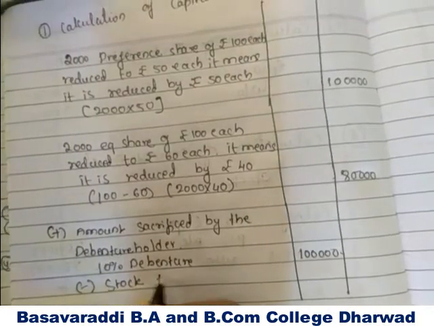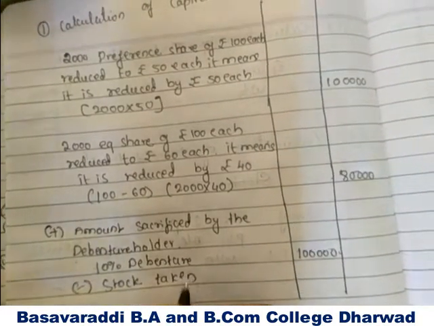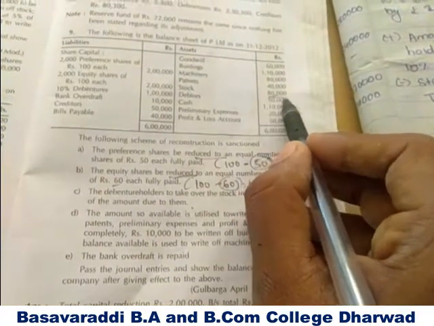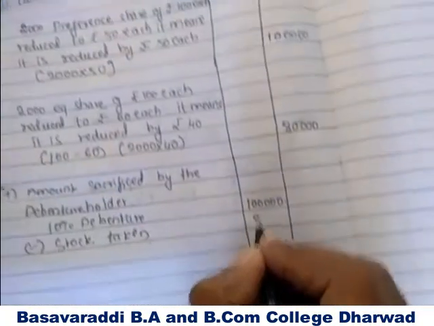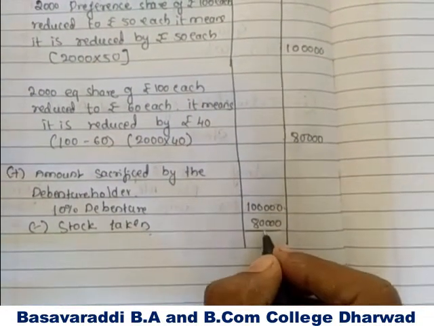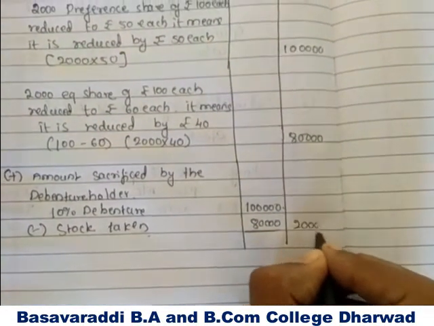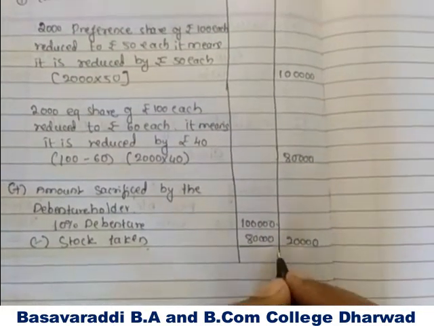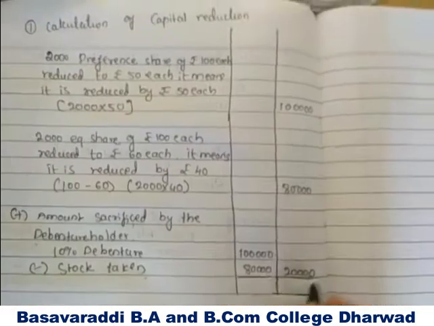How much is the stock taken amount? 80,000 rupees. 1 lakh minus 80,000 is equal to 20,000.